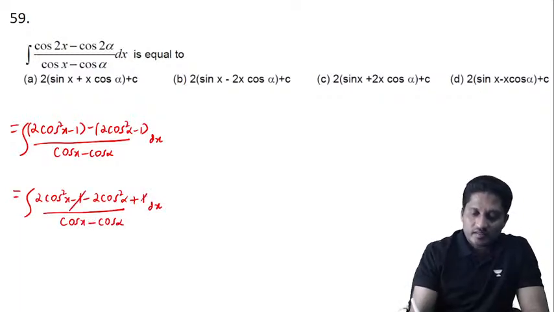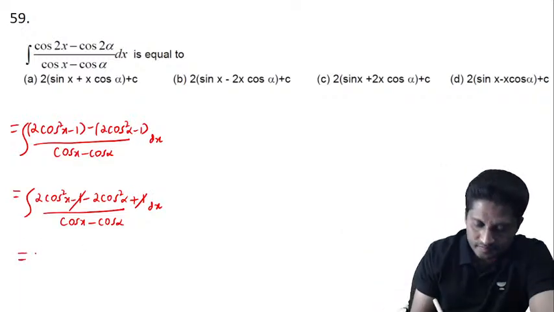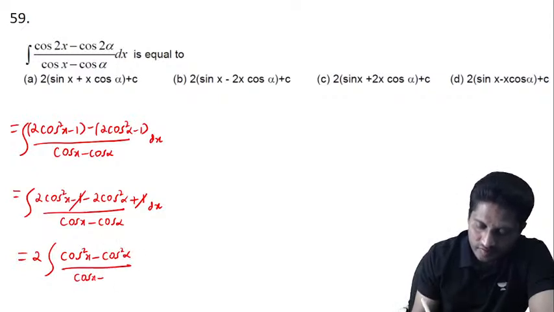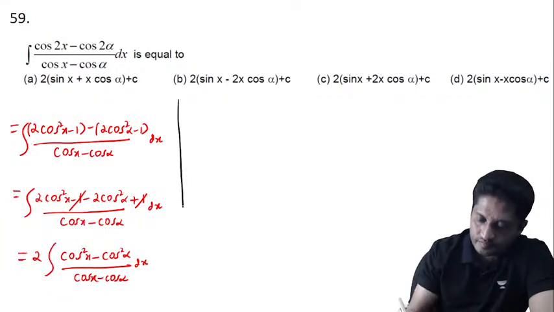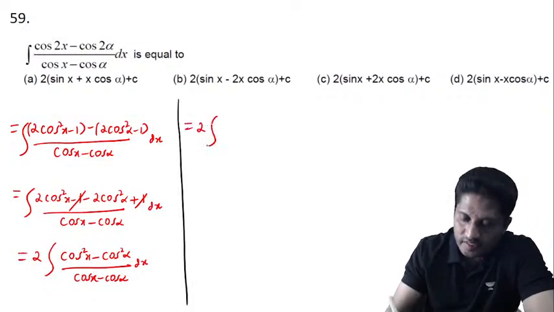This will cancel. Alright, I'm going to take 2 common. This is cos square x minus cos square alpha whole divided by cos x minus cos alpha. Okay, now this is equal to 2 times a square minus b square.